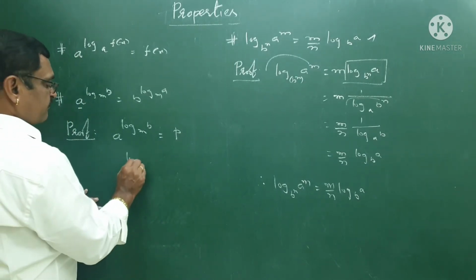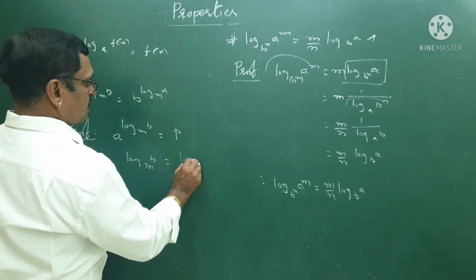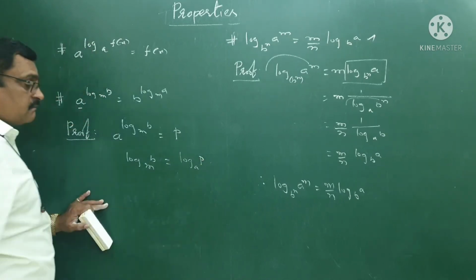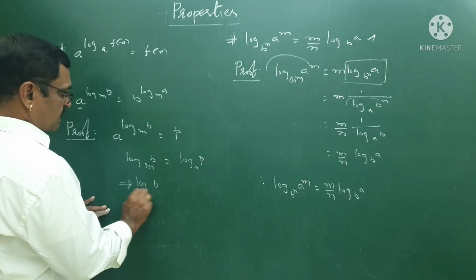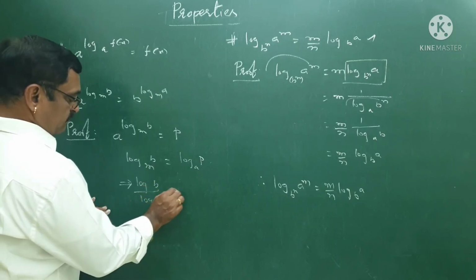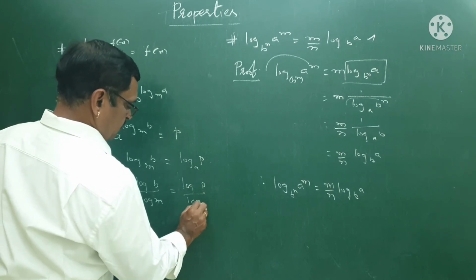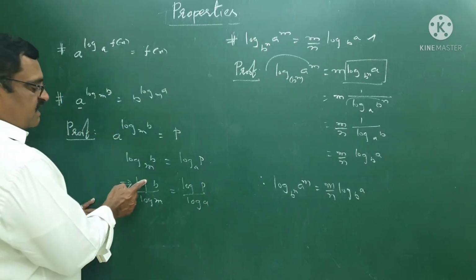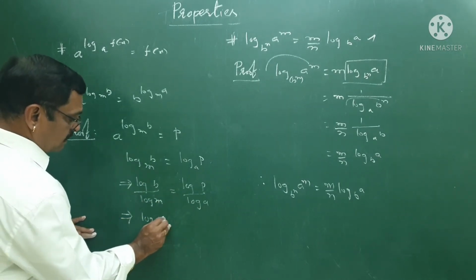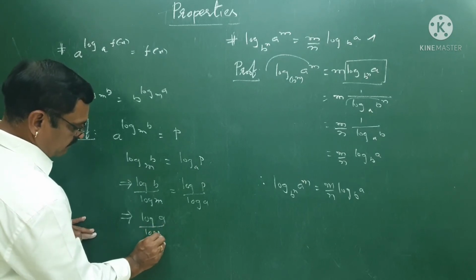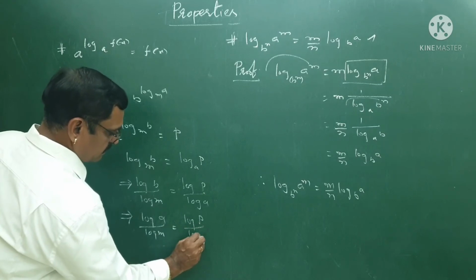Therefore we have log B base m is equal to log p base A. So what I do, I write log B by log m is equal to log p by log A. Now I just interchange this log B and log A. So this will become log A by log m is equal to log p by log B.